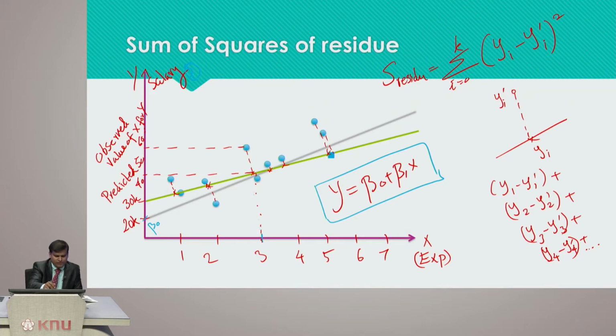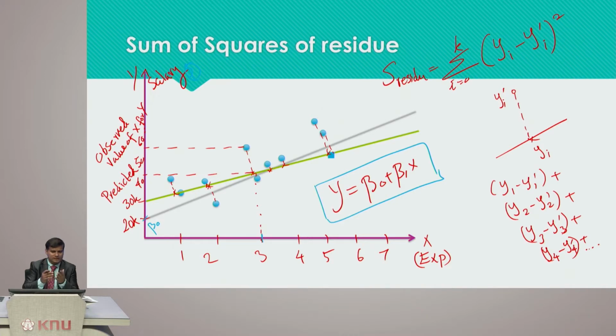With 3 years of experience, as we project to this linear line, we see that our predicted value is only 40K. So our predicted salary for 3 years of experience is 40K, but according to the data, the observed value here is almost 60K.